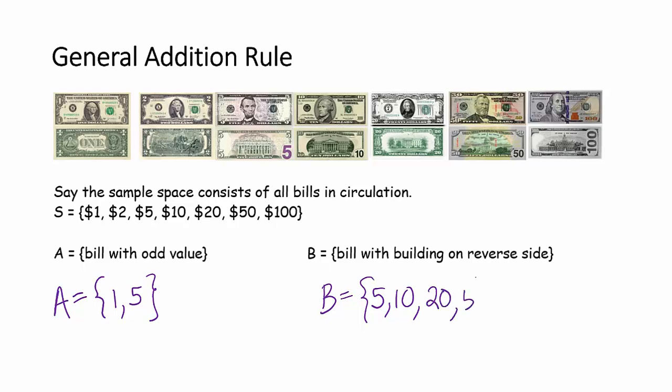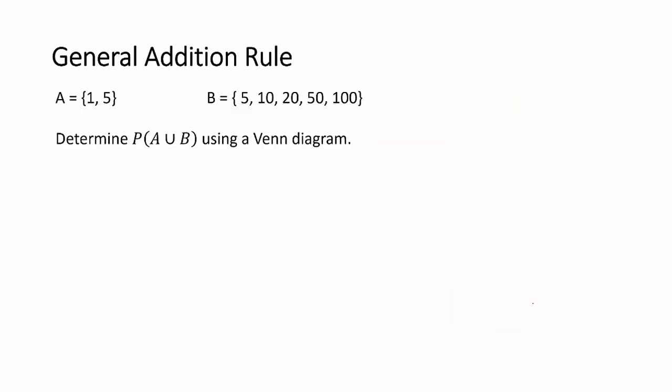And 50 looks like the Capitol building. And then the 100, I'm actually not sure what building that is. I'd be interested though to find out. So there are 5 different things that could happen that we'd want to happen if we wanted event B to happen. Okay, so let's figure out what the probability of A or B happening is.